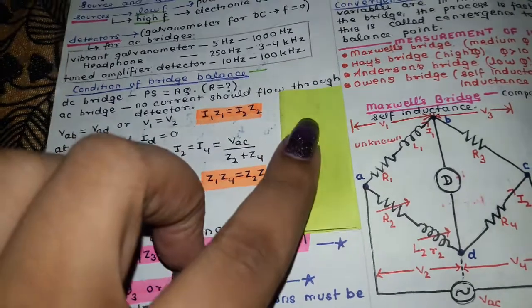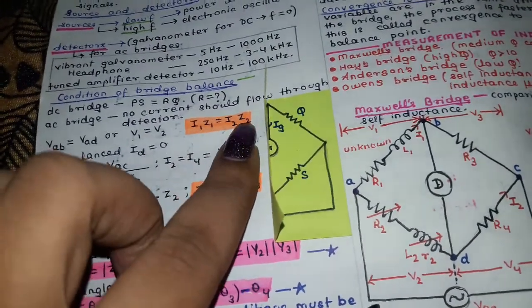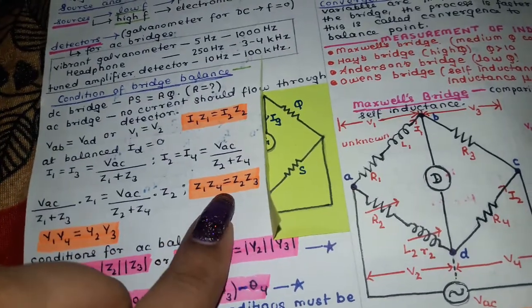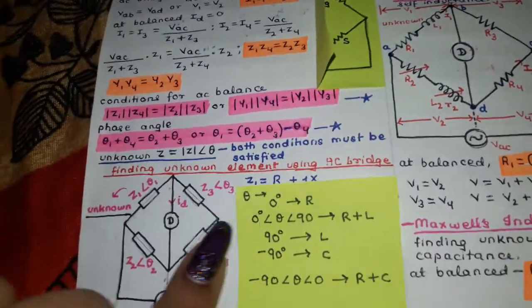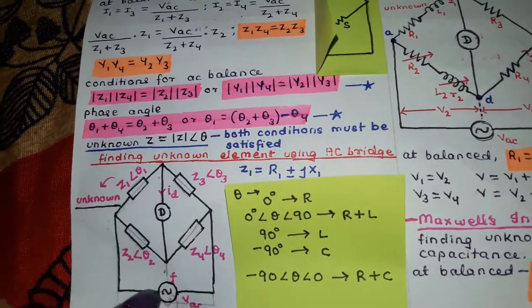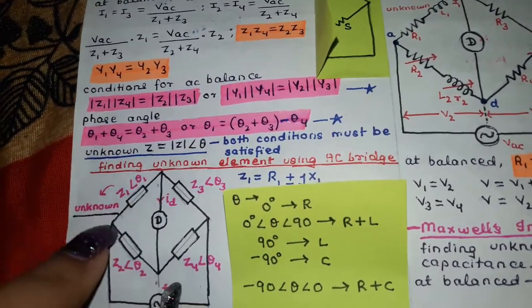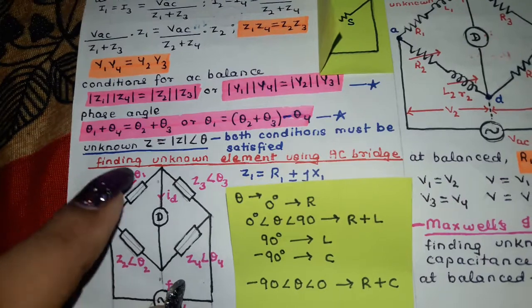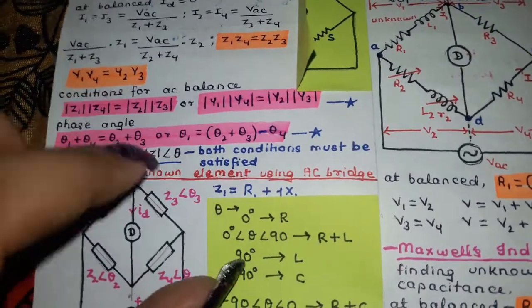No current should be flowing through this particular detector. Now, the conditions that need to be satisfied are these: I1 Z1 equals I2 Z2, and Z1 Z4 equals Z2 Z3. These are the conditions to be satisfied. For finding an unknown impedance, suppose this is your AC bridge, and we are trying to find this unknown impedance along with its magnitude and angle. So these two conditions should be satisfied.